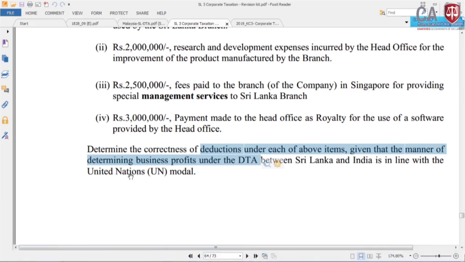It's asking to determine the correctness of deductions under each of the above items, whether these can be deducted or not, given the manner of determining business profit. When you are arriving at the business profit, can such items, Roman 1 to Roman 4, be deducted under the double taxation treaty between Sri Lanka and India, which is in line with the UN model?